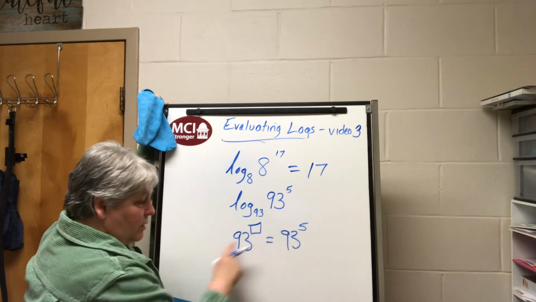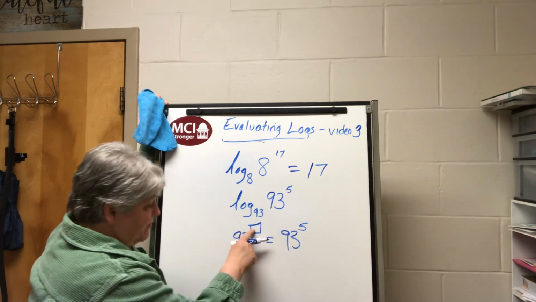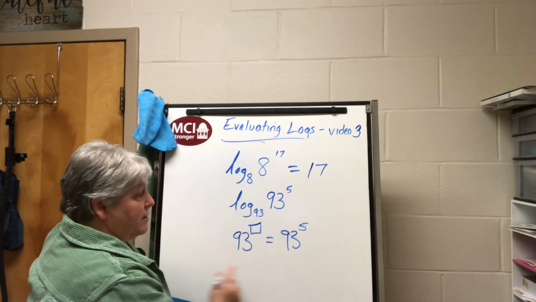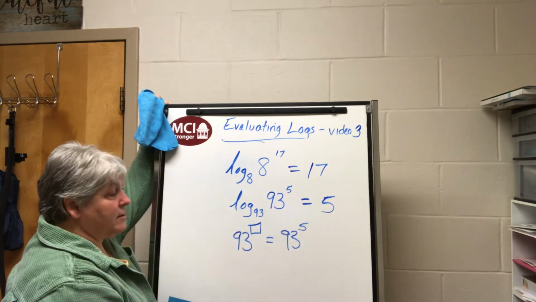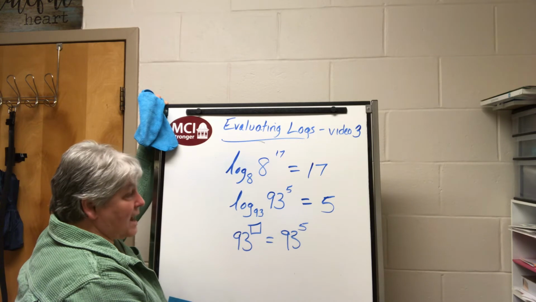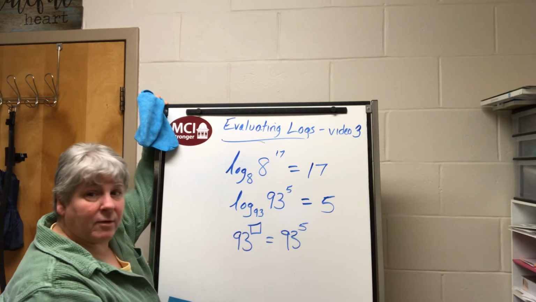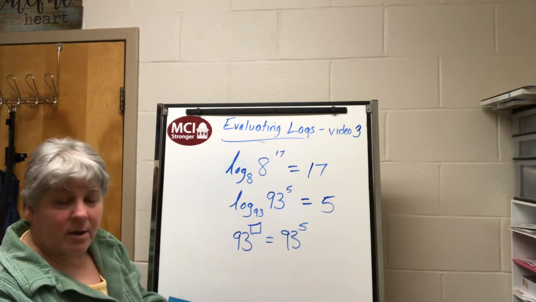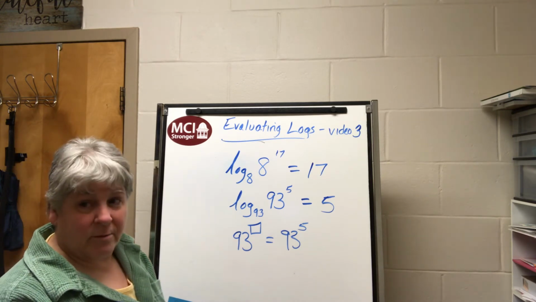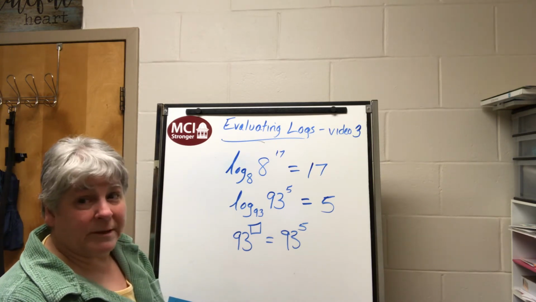Well, the only way these could both be true is if this was 5. So the answer is 5. So it's kind of like the answer is embedded right in the question. It's kind of like what you used to hear as a kid, who's buried in Grant's tomb? Well, probably Grant.